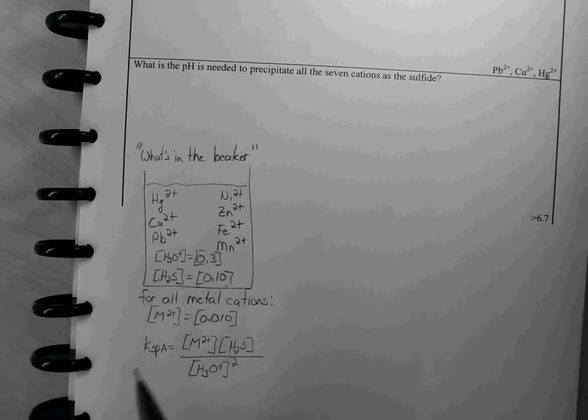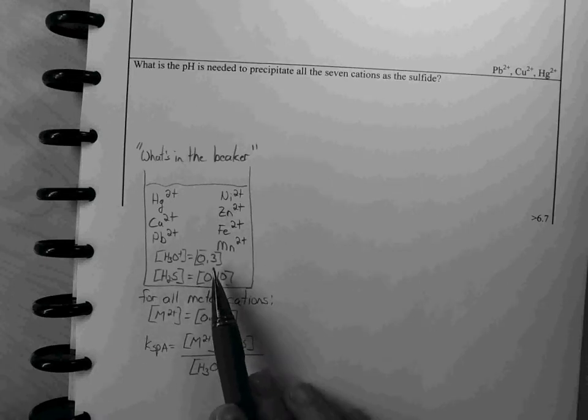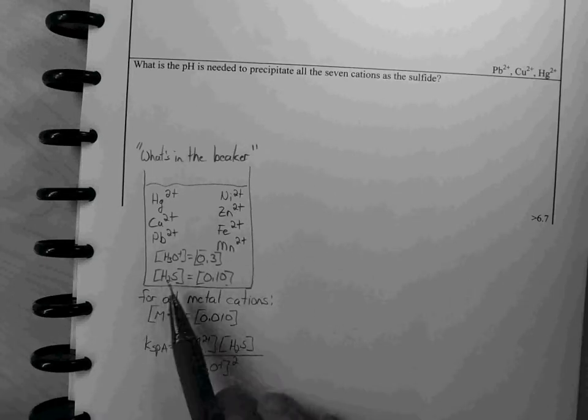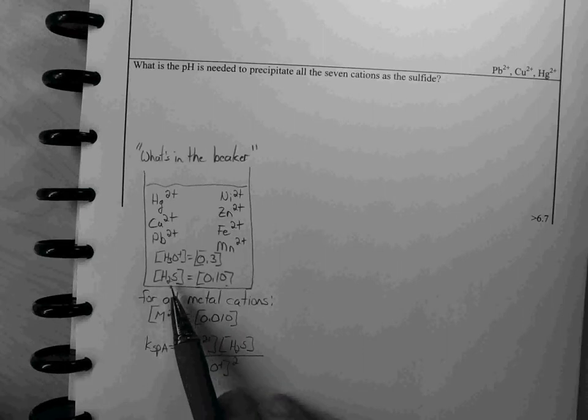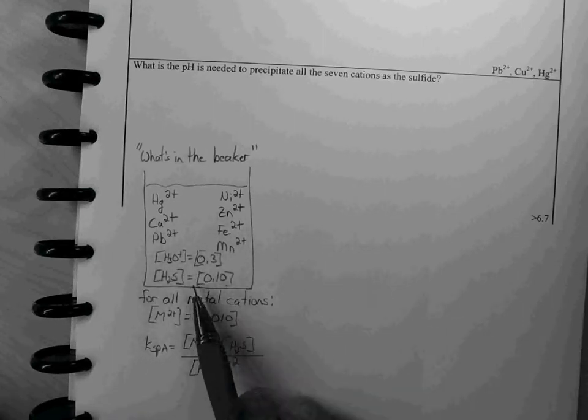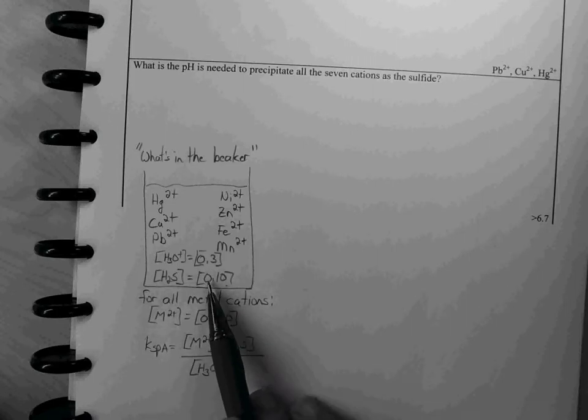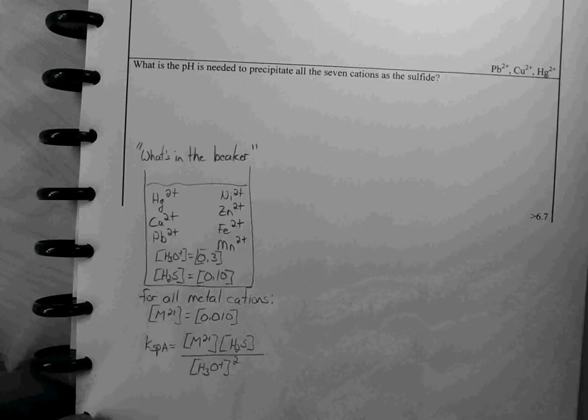We also have the solution buffered so that the H3O+ ion concentration is 0.3, and we have generated H2S gas in situ so that it's saturated, and that corresponds to a concentration of 0.10 molar H2S.